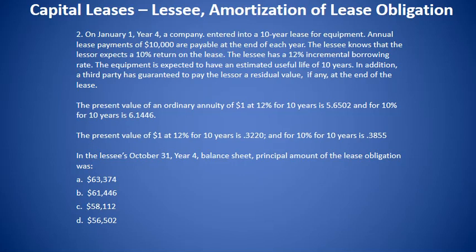In addition, a third party has guaranteed to pay the lessor a residual value, if any, at the end of the lease. So we're given some present value information, and the question is, in the lease's October 31st, year 4 balance sheet, the principal amount of the lease obligation was, remember, we entered into the lease obligation on January the 1st, year 4, and the lease obligation we're trying to measure is at October 31st, year 4.